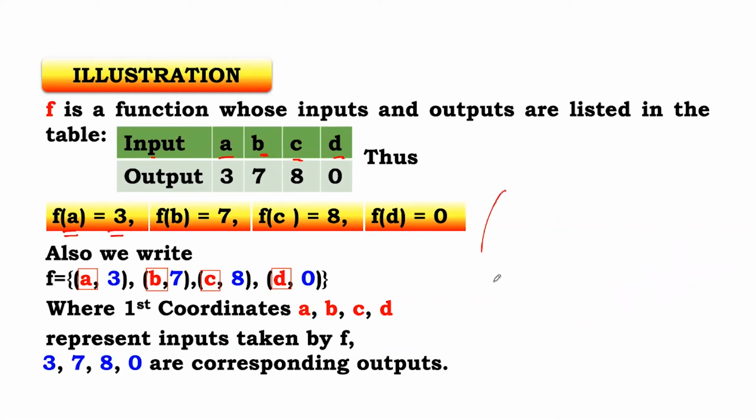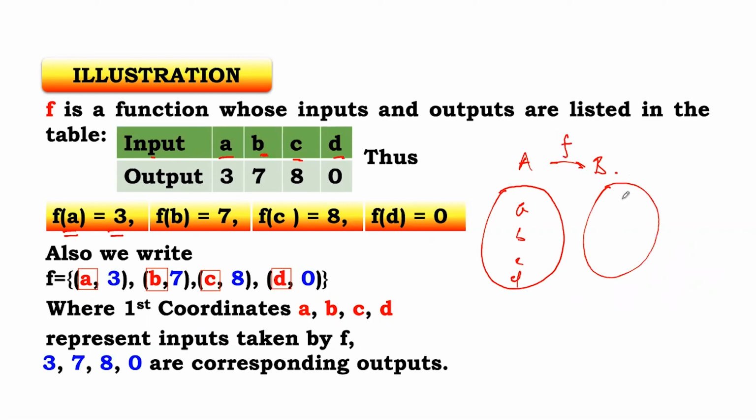With the Venn diagram, we can show that there are two sets, A and B. The mapping from A to B says that for A, B, C, D, this f is a function to 3, 7, 8, 0. For A, you are getting 3. For B, you are getting 7. For C, you are getting 8. For D, you are getting 0. So the corresponding values 3, 7, 8, 0 you are getting with respect to A, B, C, and D.